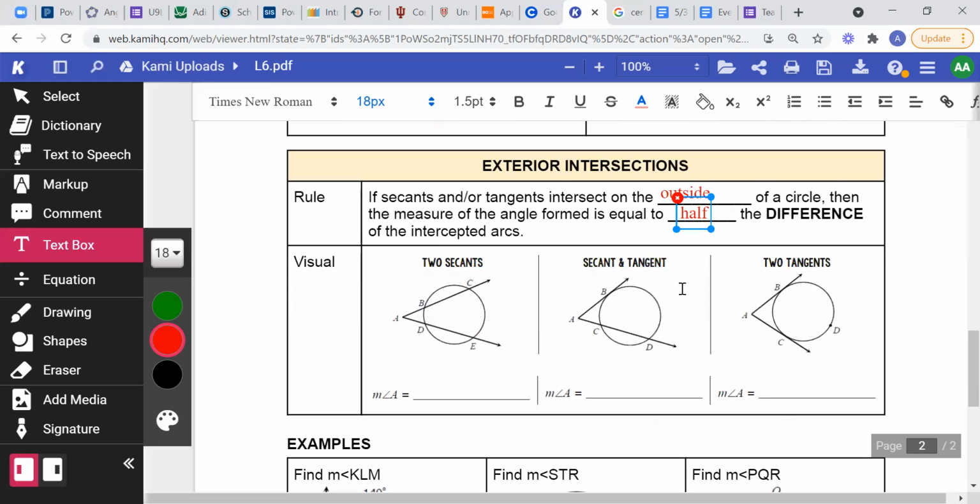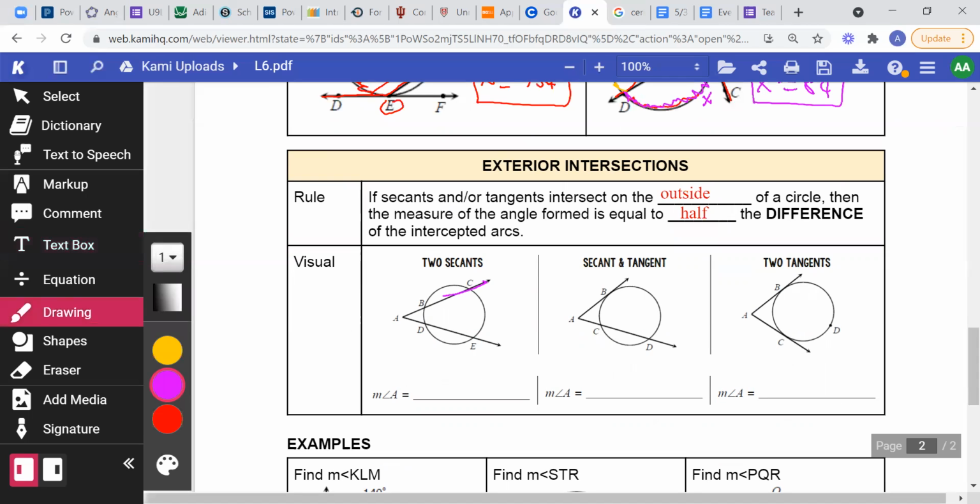As you can see, the first case, AC is a secant and AE is also a secant, and they intersect at A. So to get the measure of angle A, the intersecting arcs: the big one is here and the small one is here, where they both intersect.